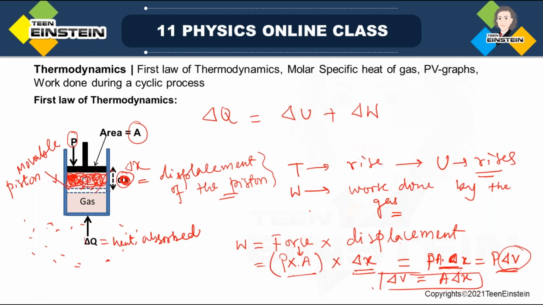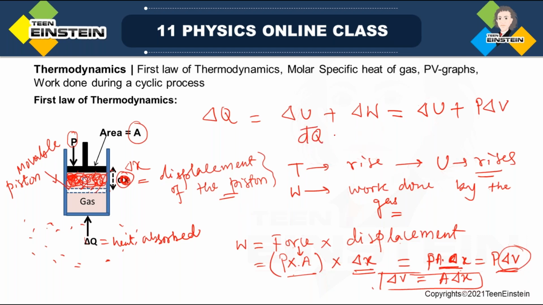All right, so this is about the first law of thermodynamics. Now, this is the work done, which we already know. This form will take another form, that is dU plus P delta V, or this can be written in terms of d.